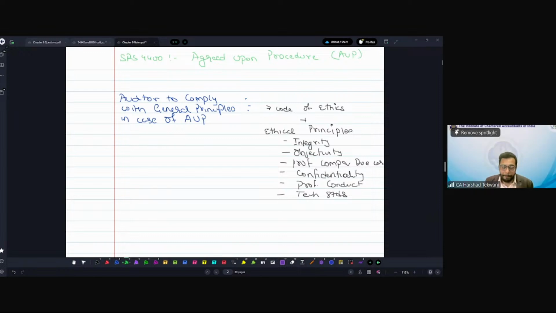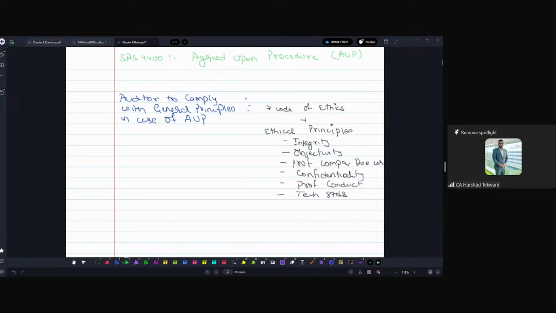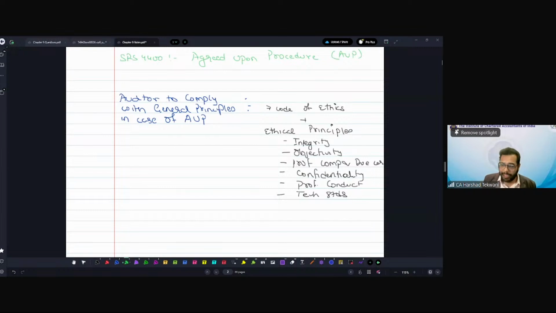So the particular principle that I have not written is independence. The reason is that independence is related to the assurance engagement. Now here this is not an assurance engagement. Understand that. That's why independence is not mandatory in the agreed upon procedures case.